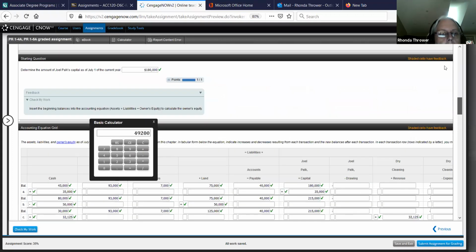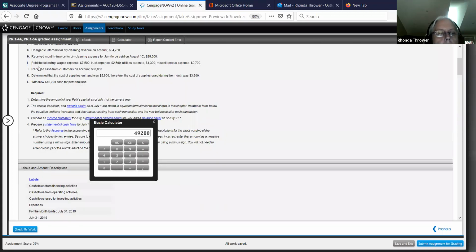So for I, it says that we paid the following expenses. Wages expense was $7,500. We also paid truck expense of $2,500.